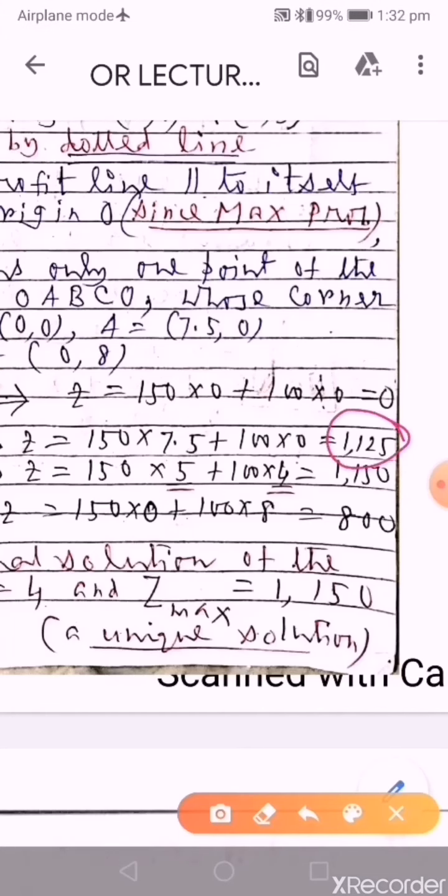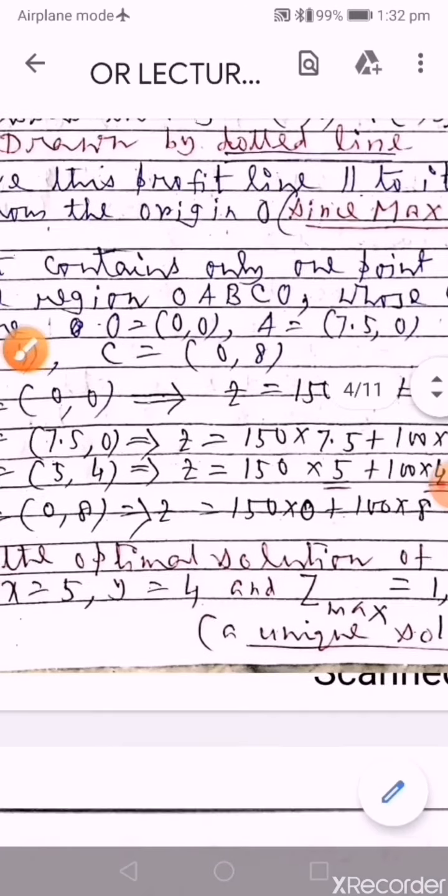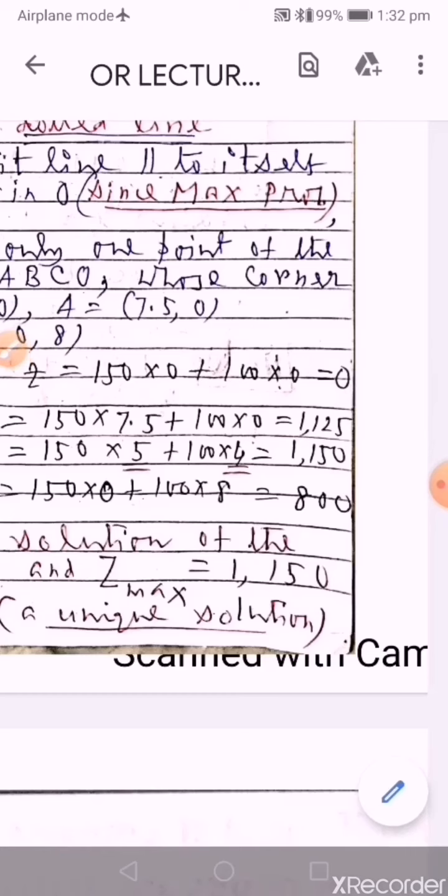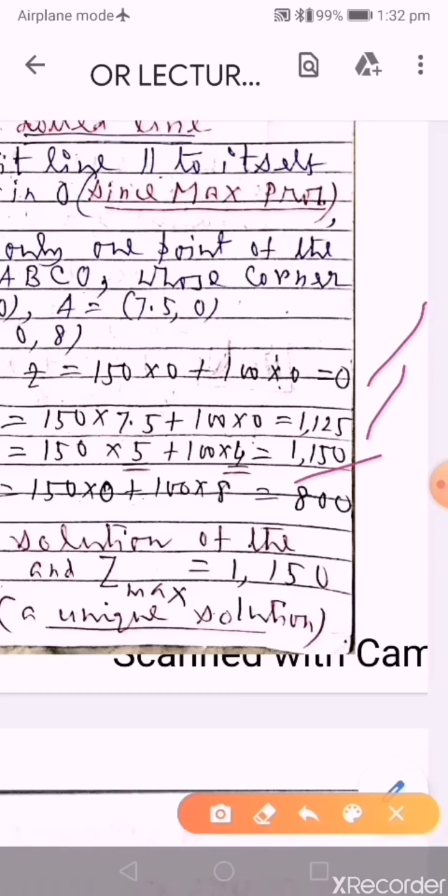And if we put the point B, which is 5,4, it gives 1150. And lastly, if we put 0,8, the point C, 150 into 0 plus 100 into 8 equal to 800. So if we see 0, 1125, 1150 and 800, we see 1150 is the maximum.